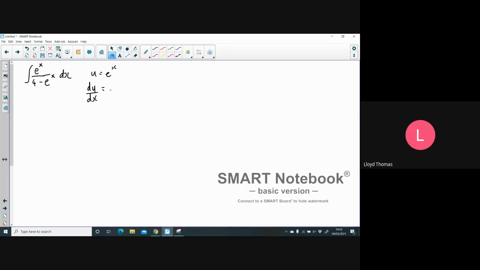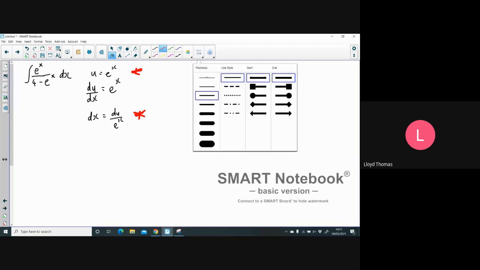It is e to the x. However, you need to rearrange that to give you dx as the subject. So that becomes du over e to the x. And this first line and this last line are the two things that usually need to be substituted in. So I'm going to do that.